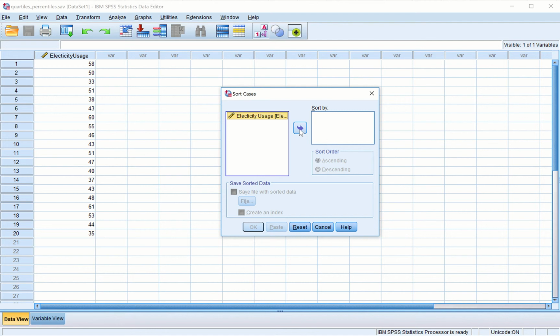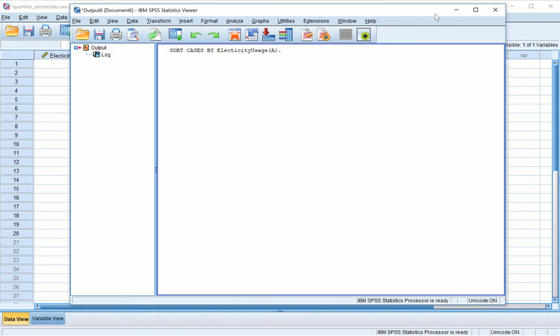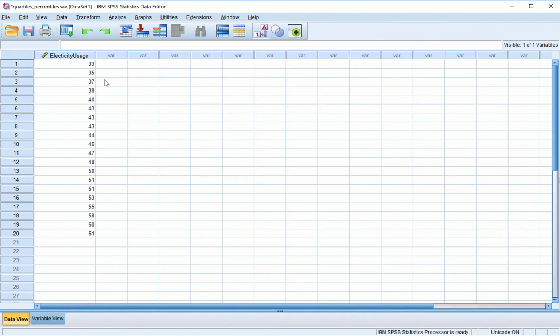I will take electricity usage into the variable to be sorted. I am keeping sort order as ascending, and I click OK, and SPSS has sorted these values. Now these are in ascending order, and we have 20 cases starting from 33 to 61.